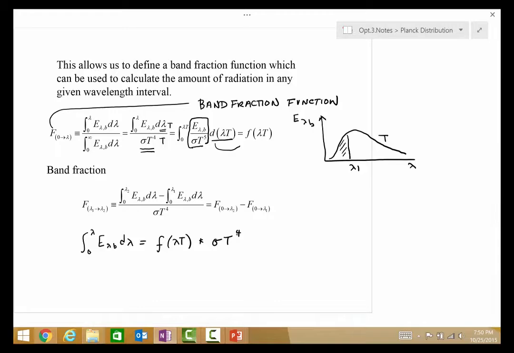The band fraction within a different interval, so if we were interested in the amount of radiation emitted between lambda 1 and lambda 2, we know that we can construct this as an integral from 0 to lambda 1.